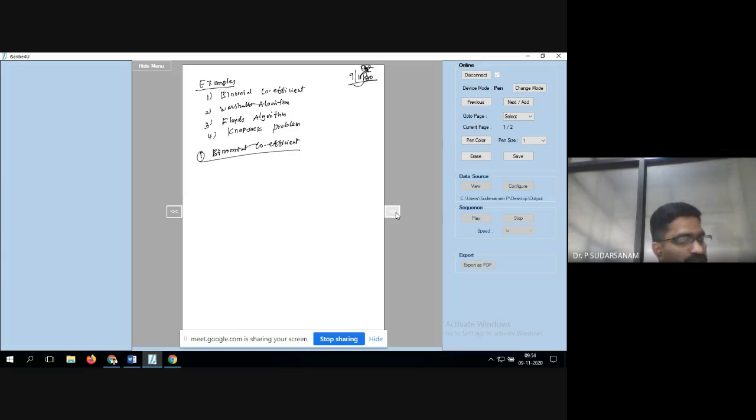So for the binomial coefficient, what is the formula? Normally, a recursion formula. Just for understanding purposes, I am telling a recursion formula. What is the recursion formula? Anybody can say this?